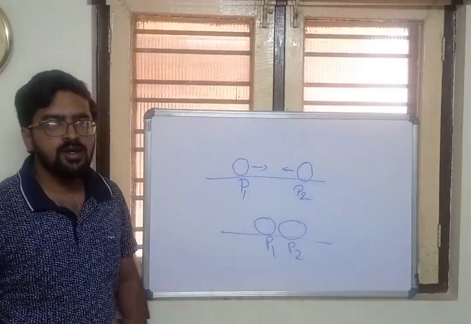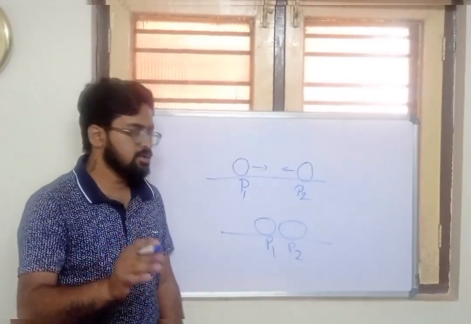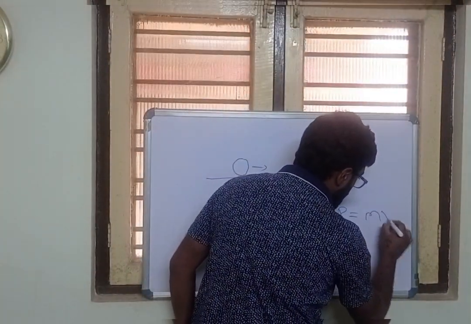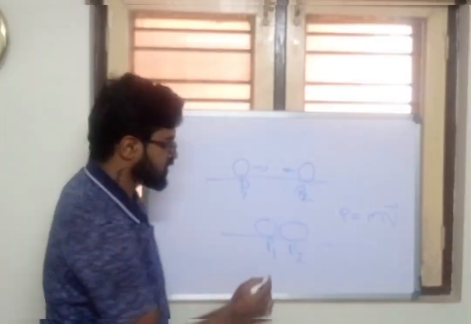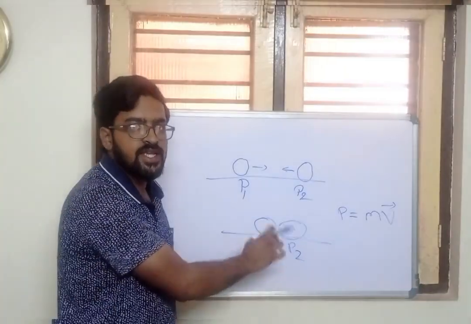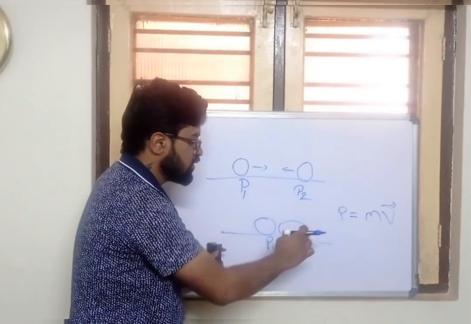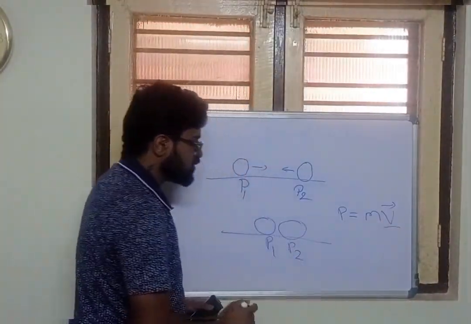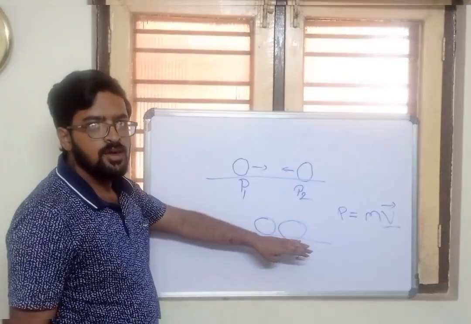When they collide, they won't exchange the velocity. How is that? P is equal to mv. This velocity will not be exchanged because after they collide with the same velocity, they are going to get apart from each other. So they won't exchange the velocity. So this is said to be the law of conservation of momentum.